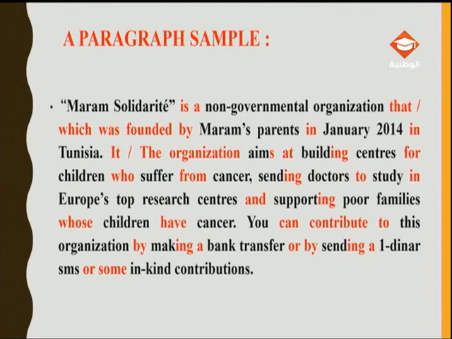So to avoid repeating suffer from, we have used have cancer. Now, which technique have we used? We have organized our sentence by using parallelism: aims at building, aims at sending, and aims at supporting.